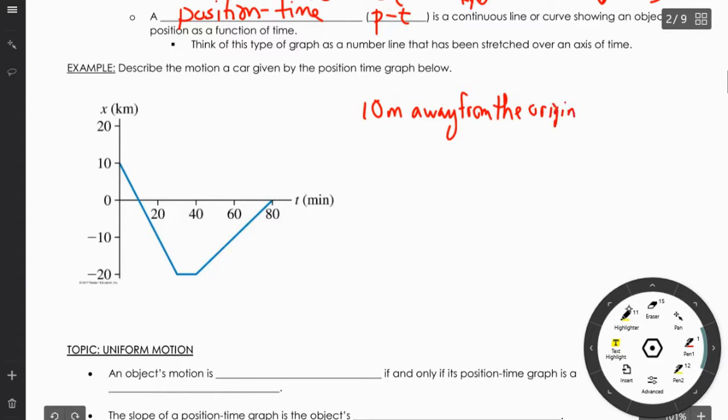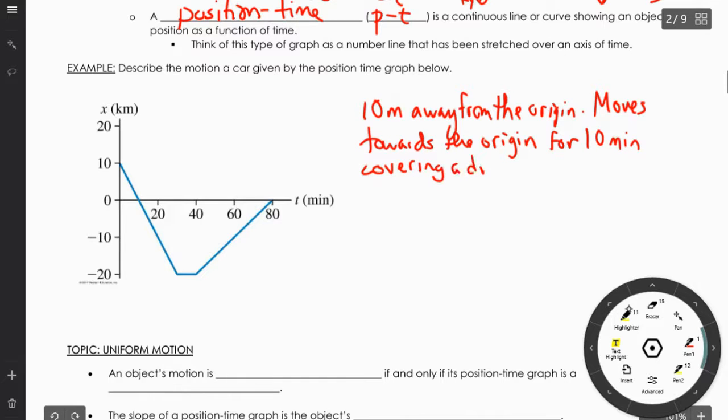All right. It now drives towards the origin for roughly 10 minutes, covering a distance of, we can put in there. We can also say how it's moved past the origin, and so it covers a distance of 30 meters.